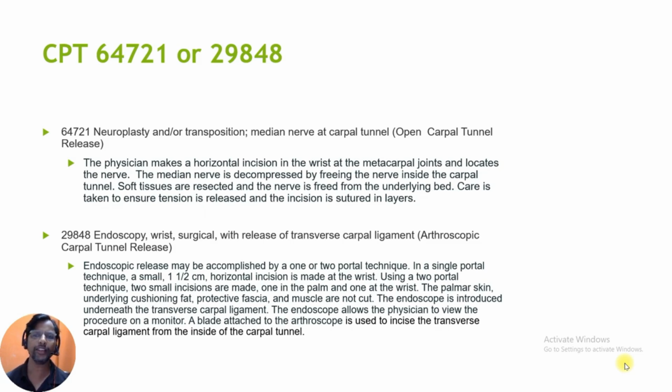Next one is 29848, endoscopic carpal tunnel release, where instead of an open incision, the surgeon will create a small incision and insert the endoscope through those incisions. So this is about carpal tunnel syndrome, which is the most important procedure you will encounter during same day surgery coding.